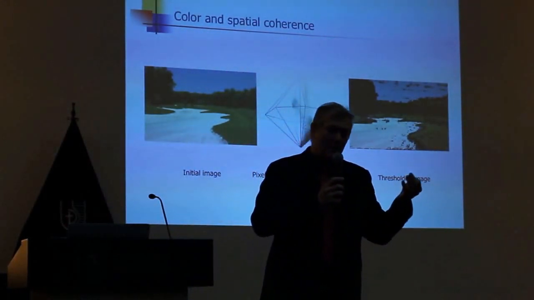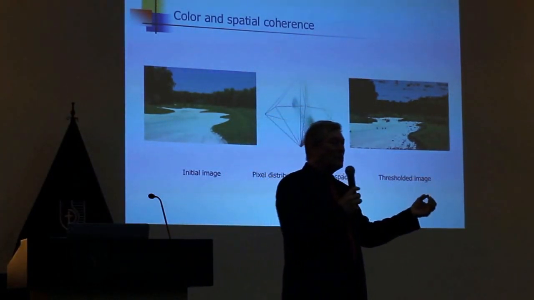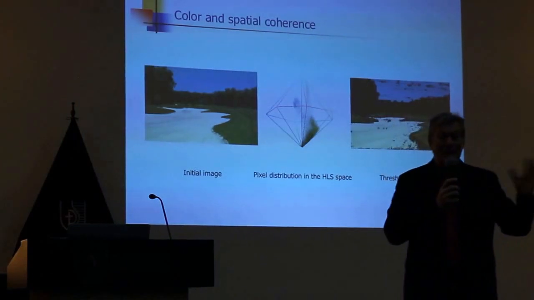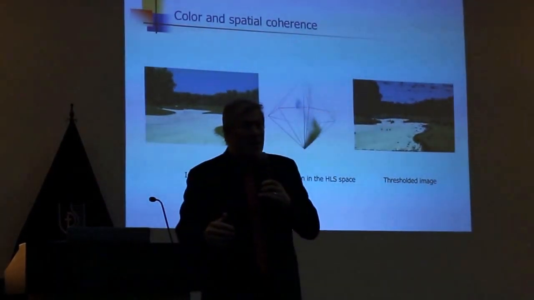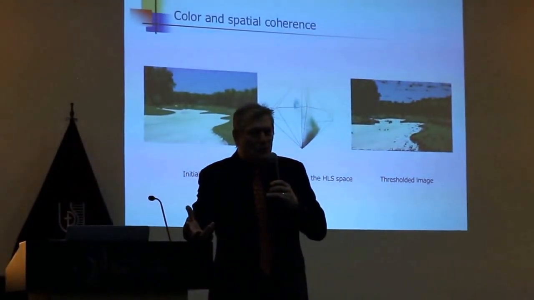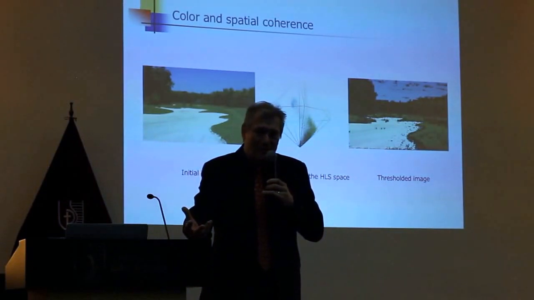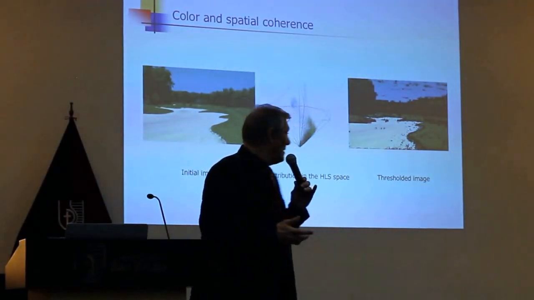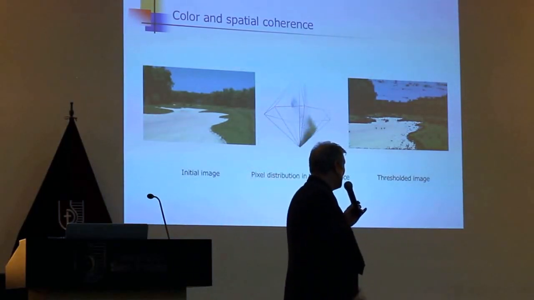Here we have taken the HLS, that is hue, lightness, saturation space, but we could take any other space. We took HLS space because it's more relevant to understand and visualize the color. But the result should be quite similar if using RGB space or CMY space.